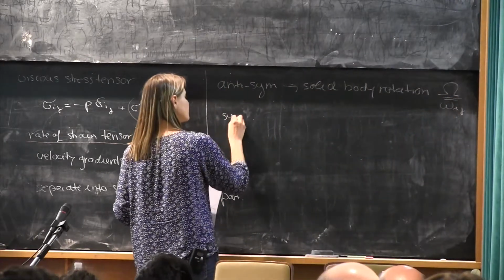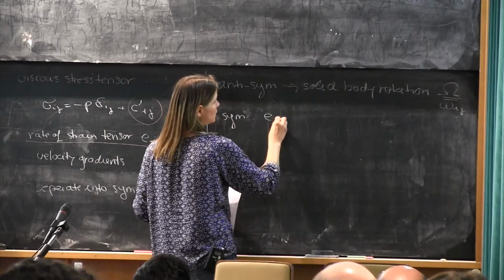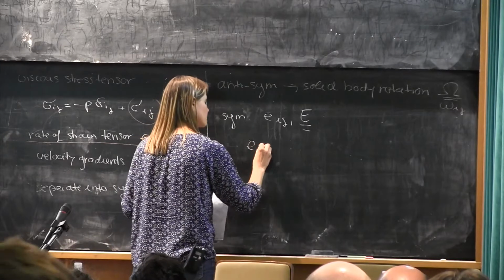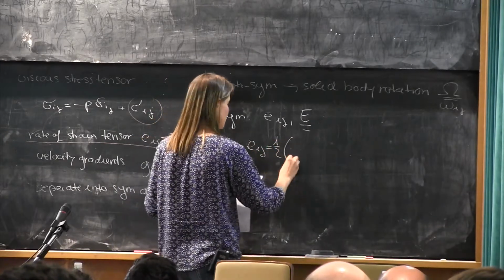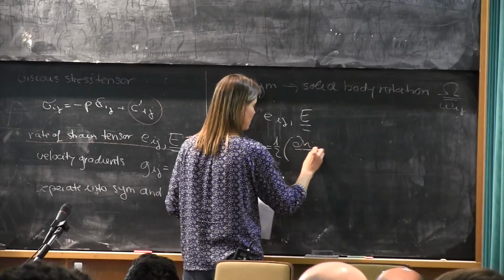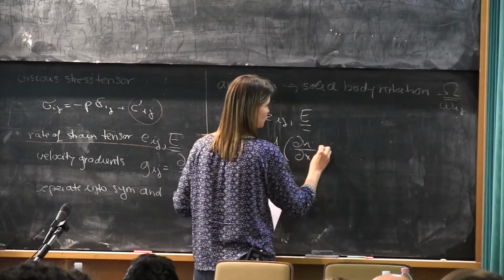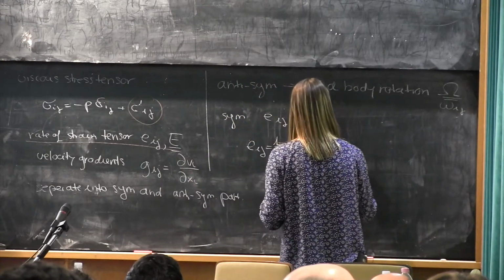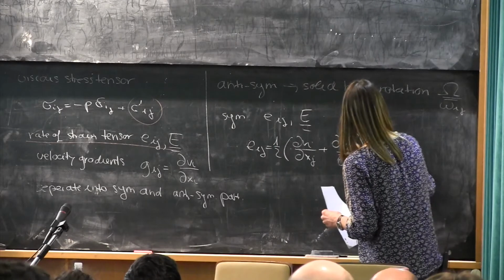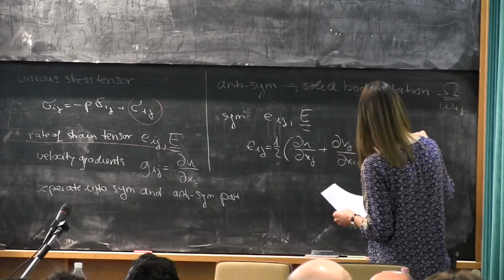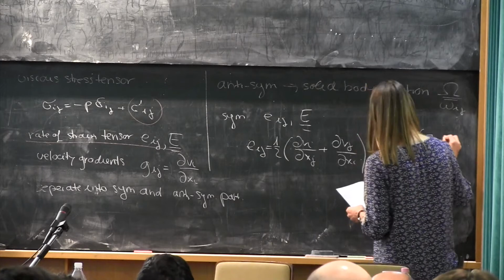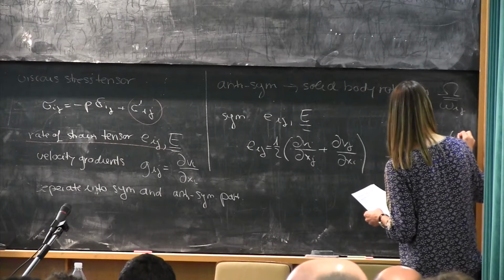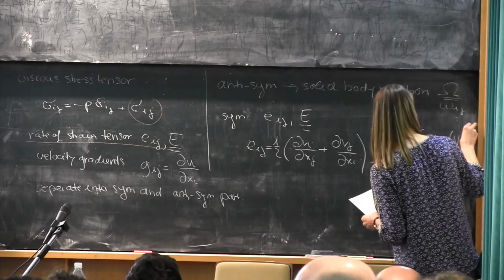And then the symmetric part, which I call E_ij or E, is just by construction dV_i over dx_j plus dV_j over dx_i. And in Howard's notation, this was 1/2 (∇V plus transpose).